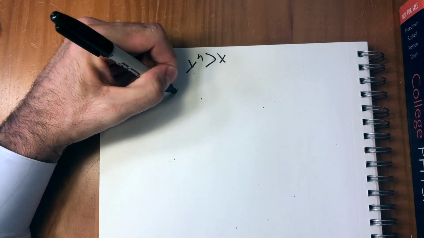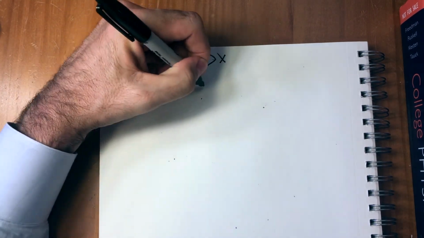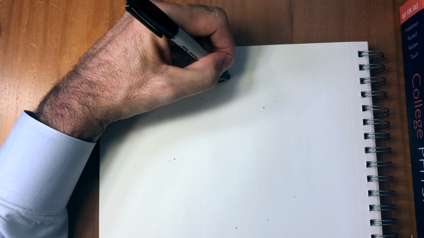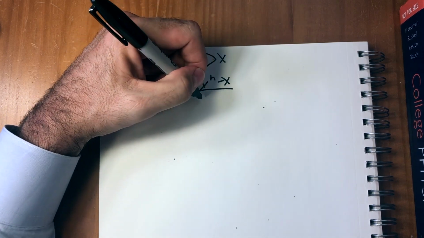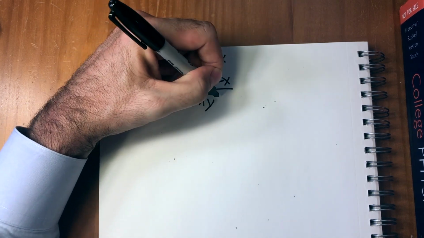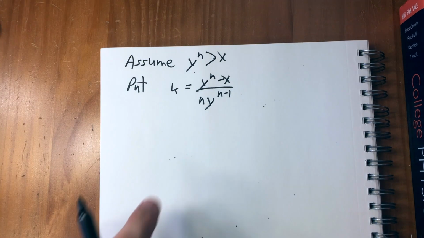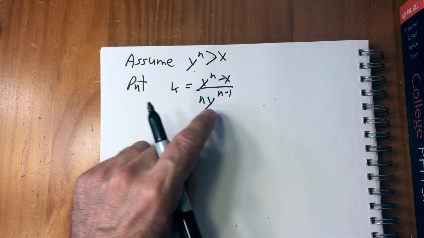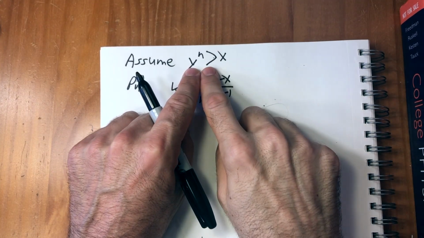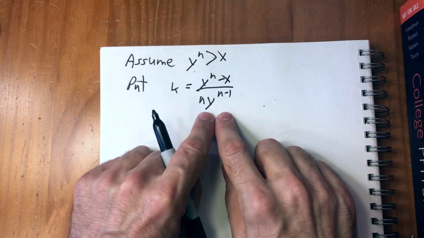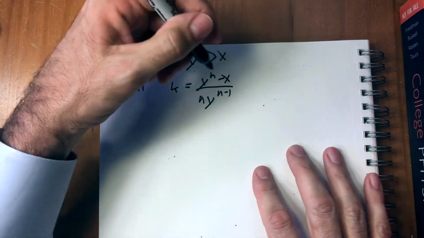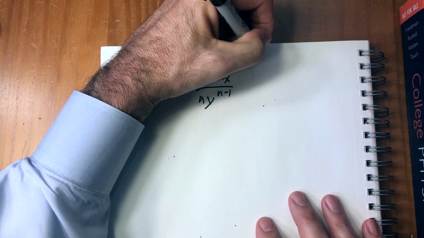So this time, let's make k equal y to the n minus x over n y to the n minus 1. So this is what we're setting k as. So again, this is going to be the difference between y to the n and x, and then this is the thing in that identity.